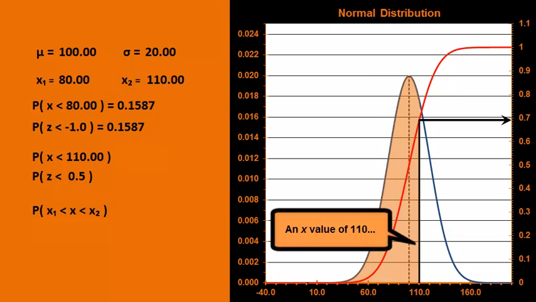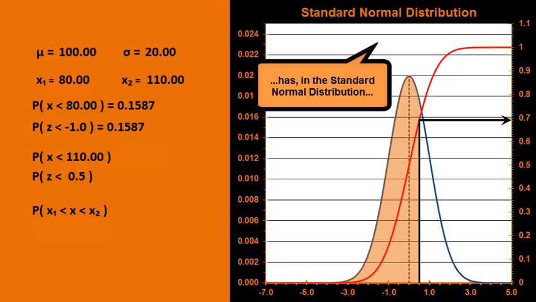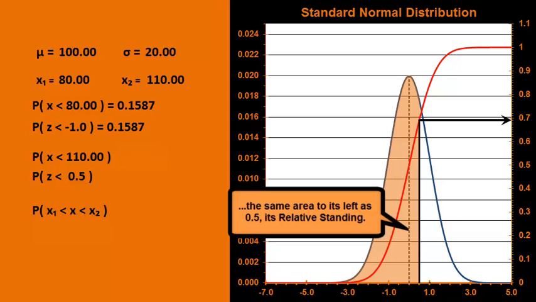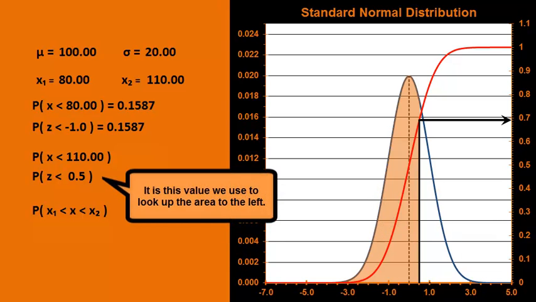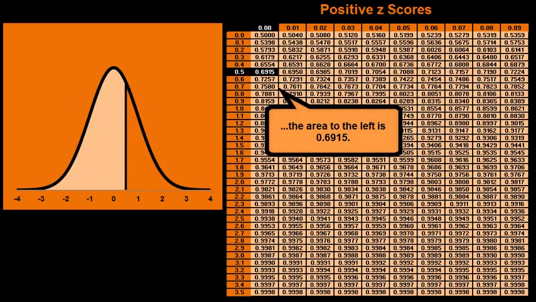An x value of 110 in the normal distribution has, in the standard normal distribution, the same area to its left as 0.5, its relative standing. It is this value we use to look up the area to the left. At z equals 0.50, the area to the left is 0.6915.